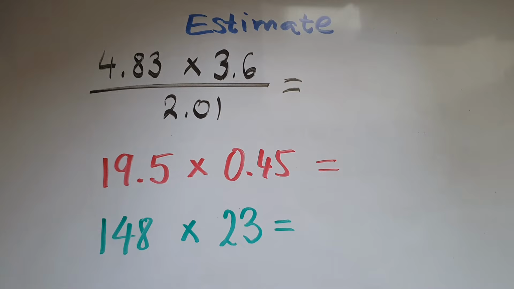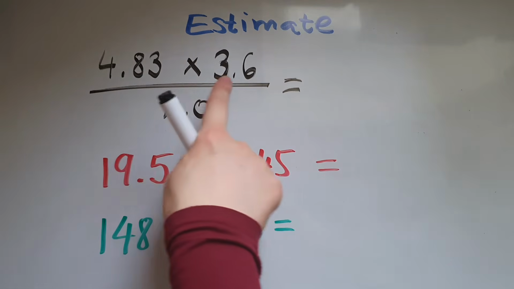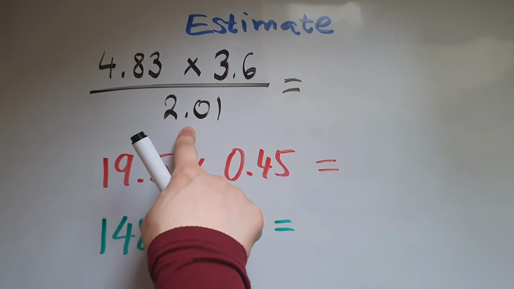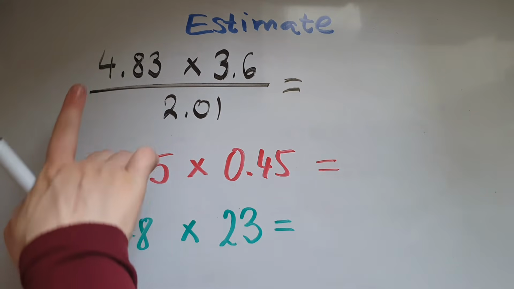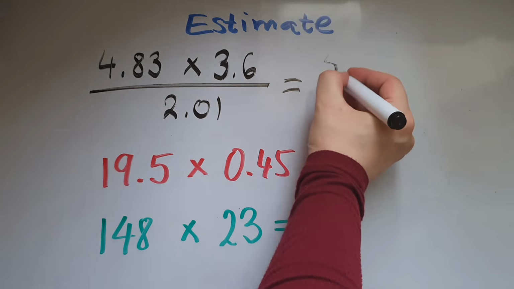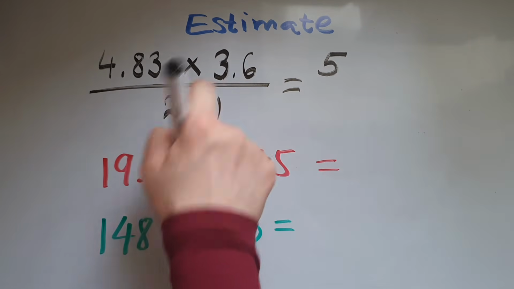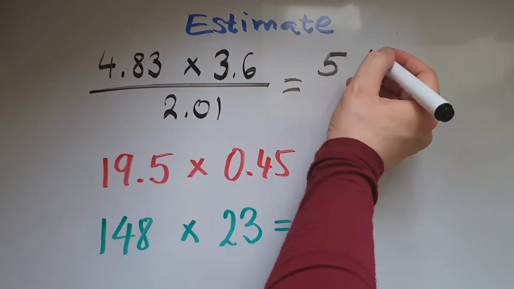So, first one, we've got 4.83 times 3.6, and that's all divided by 2.01. So I'm going to round them. The first one, I'm going to round it to 5 times 3.6, I'm going to round it to 4.